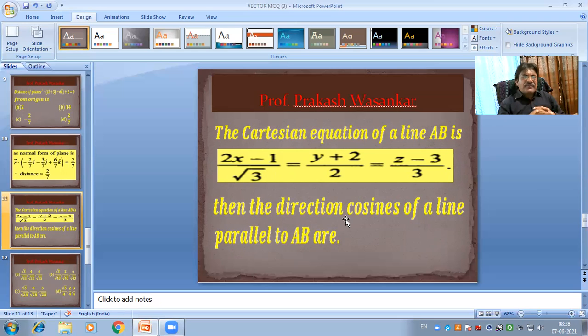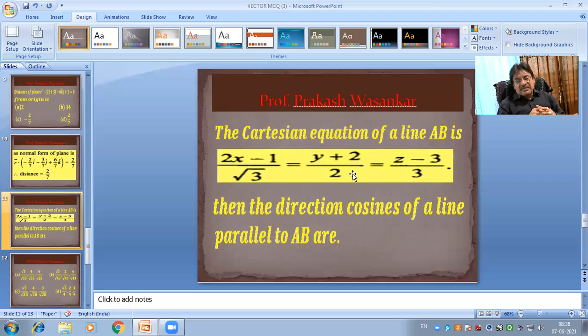So first we find the DRs of the line AB. Here the Cartesian equation of the line AB is given, and from this equation we find the DRs of the line AB.